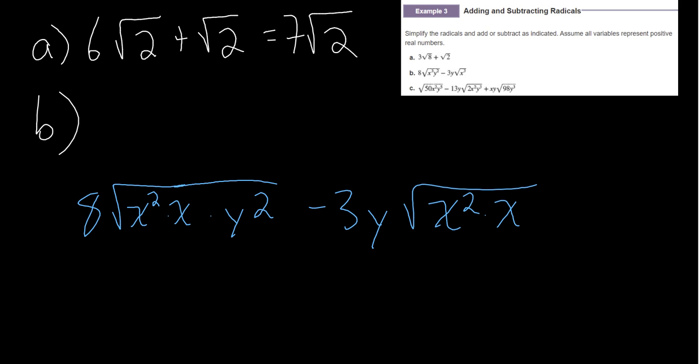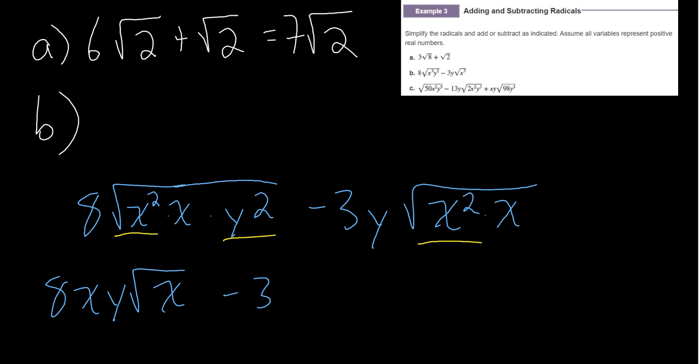So I chose those specifically because the square root of x squared, I can take that out, I can take this out, and I can take this out. So I can rewrite this as 8xy on the square root of x minus 3, and then the square root of x squared, again, is x, y on the square root of x. So I can rewrite it like so.